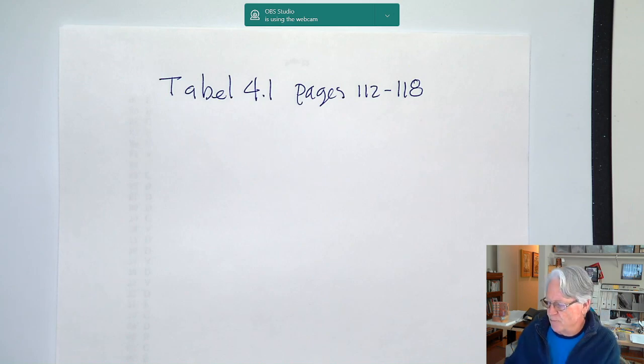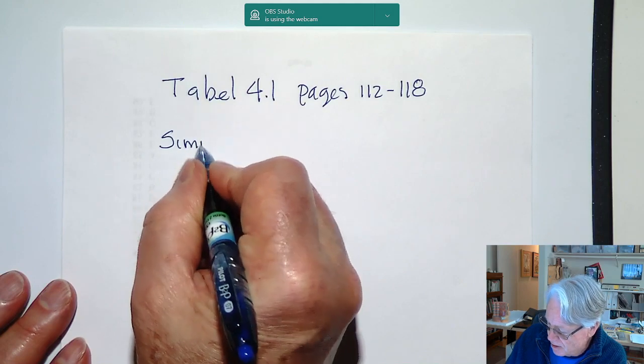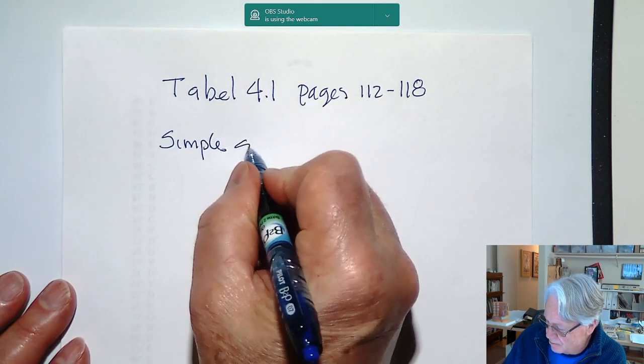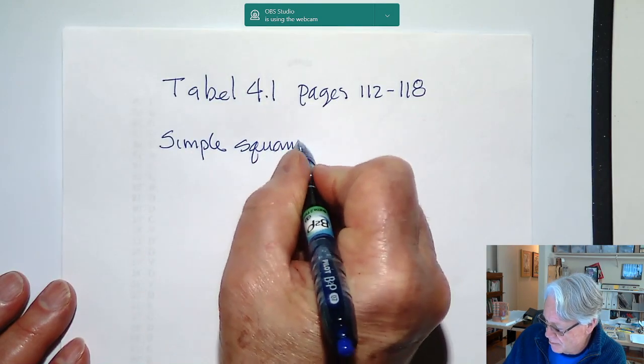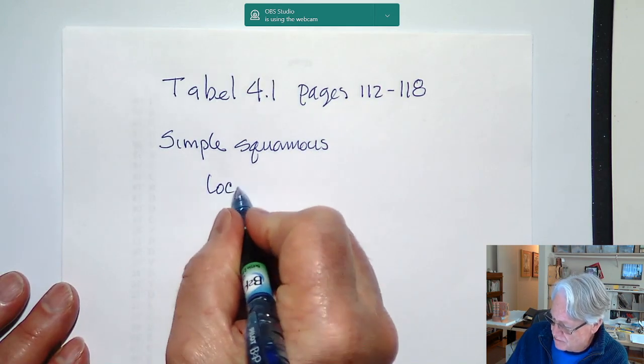So let's begin with the first tissue, which is simple squamous epithelium. And we'll talk about location.